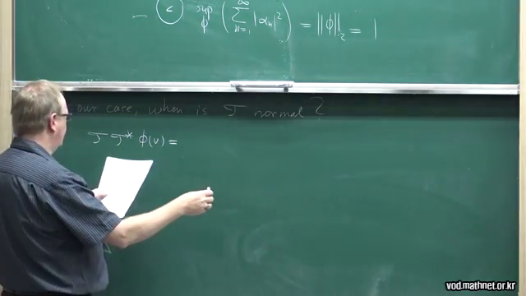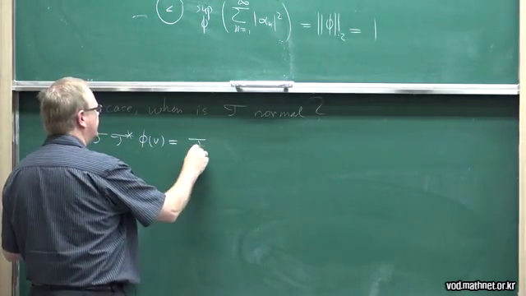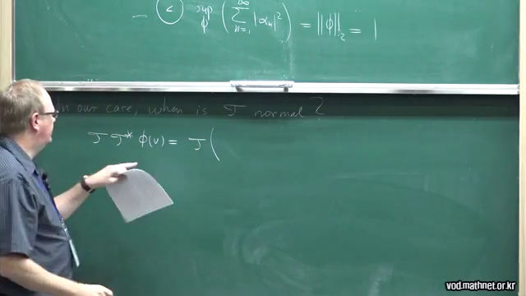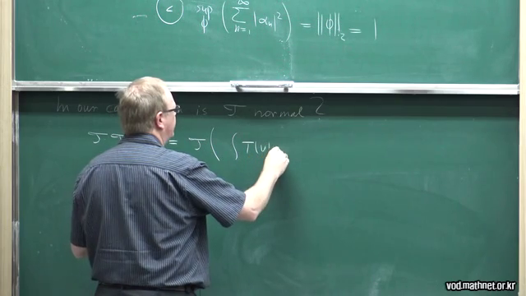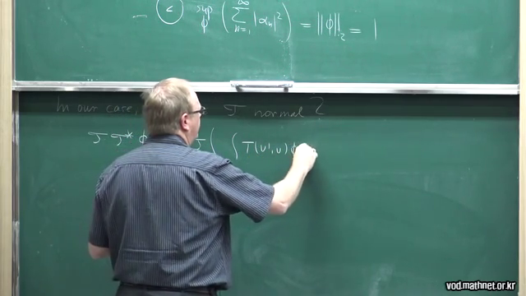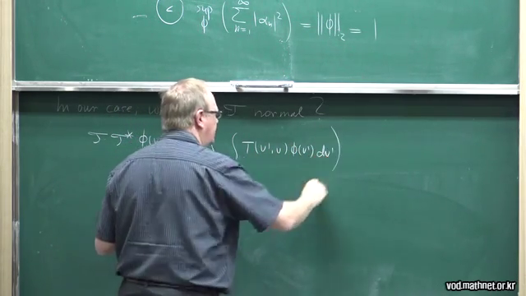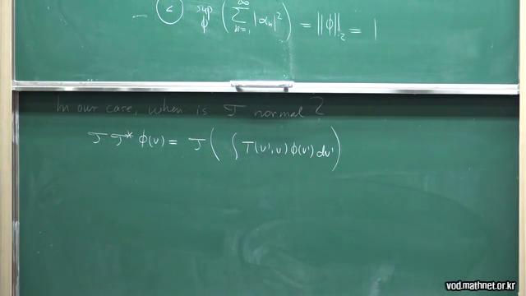So whichever way you want it, maybe you apply T star first. So then those would be T applied to the integral T of v prime, v, phi of v prime dv prime. Okay, so that's a new function of v, and then we apply this integral operator to this new function of v.